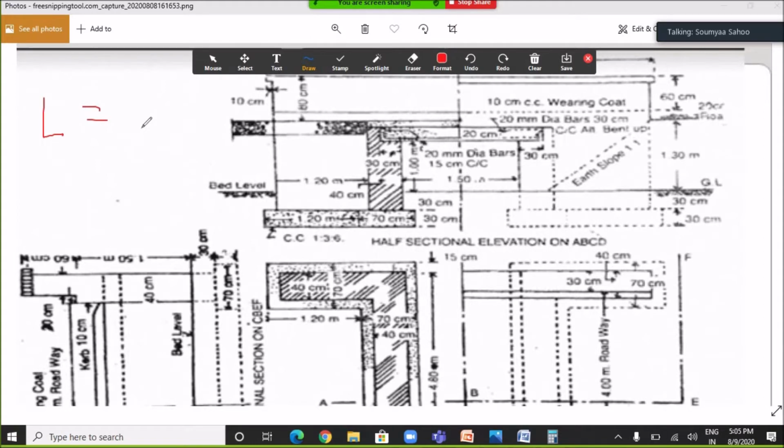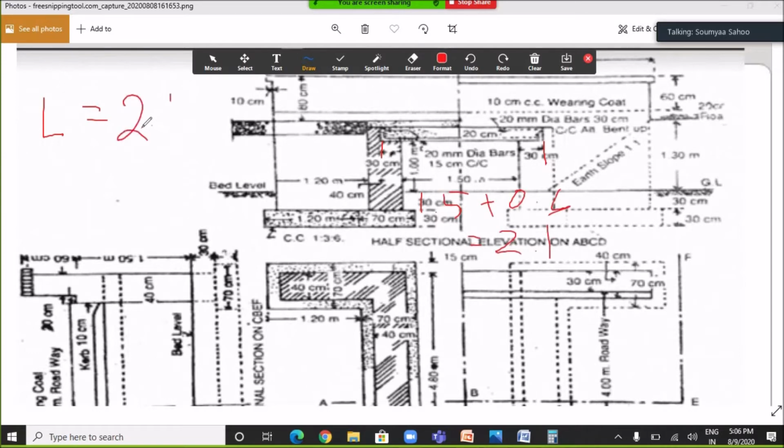First we take the length of the slab, from this point to this point. This is 1.5 meter from this side to this side, and either side it is 30 centimeter. So the total length is 1.5 plus 0.6 equals 2.1.